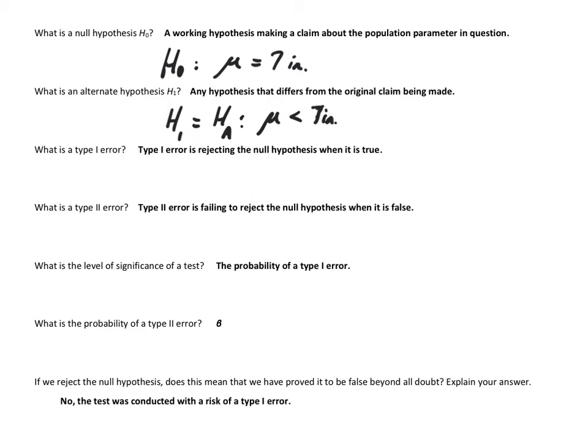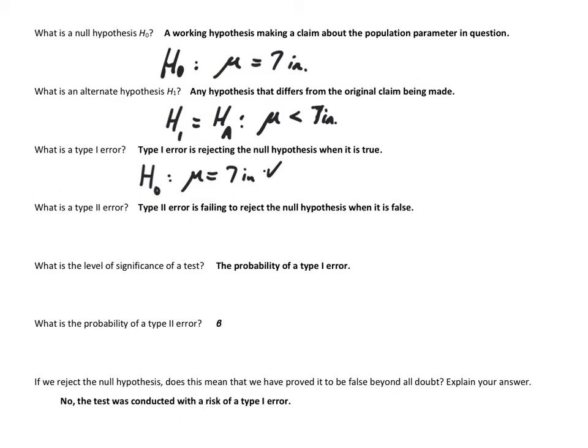All right, so what is it? A type 1 error would be if the null hypothesis is true. For example, all calculators made in the month of August, I think that was the month I used, were 7 inches long.